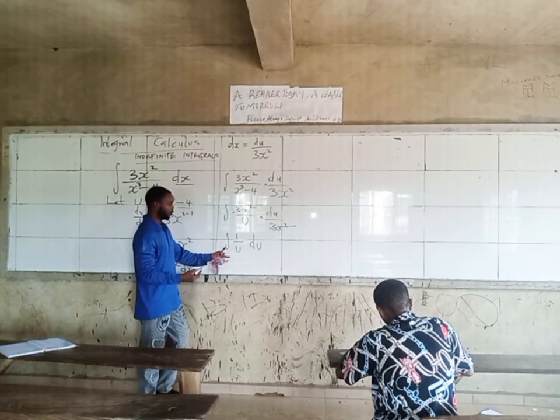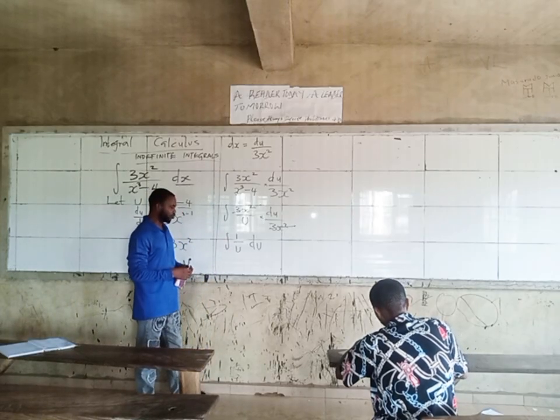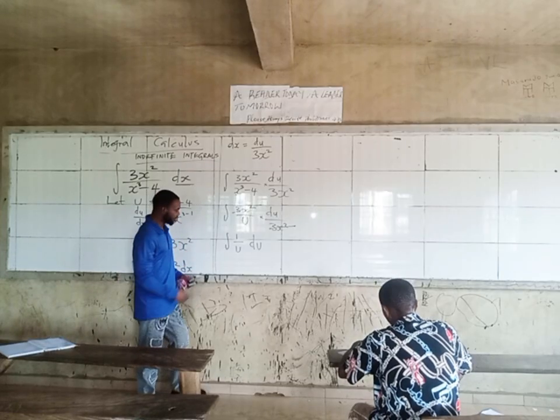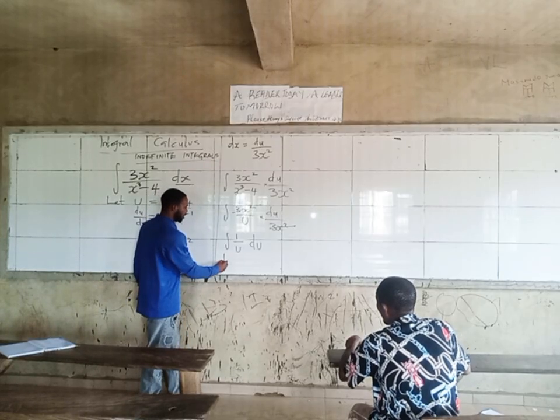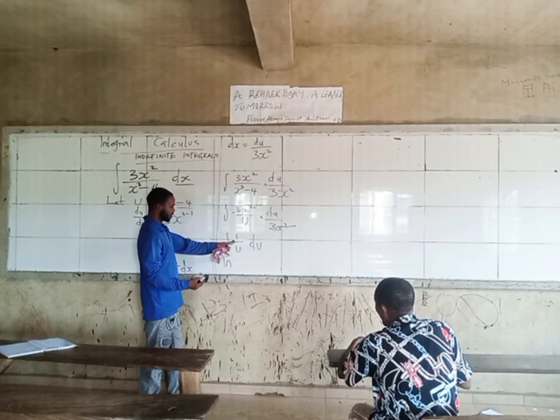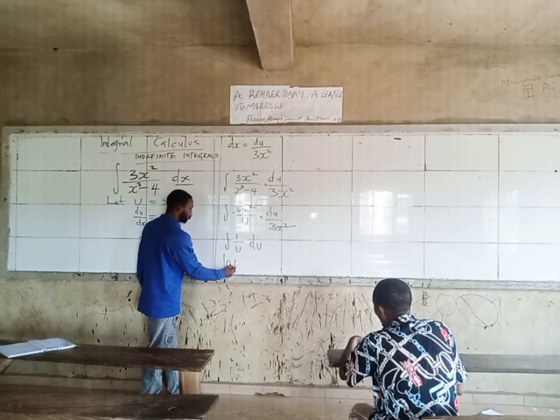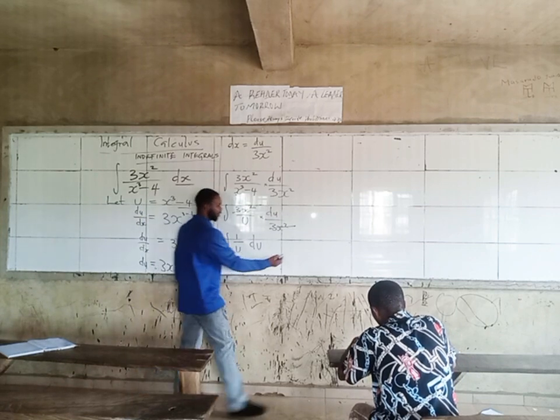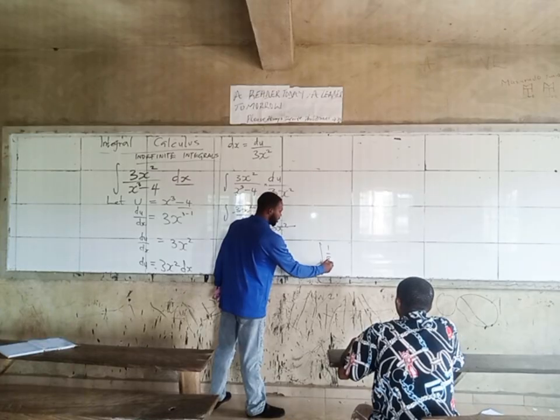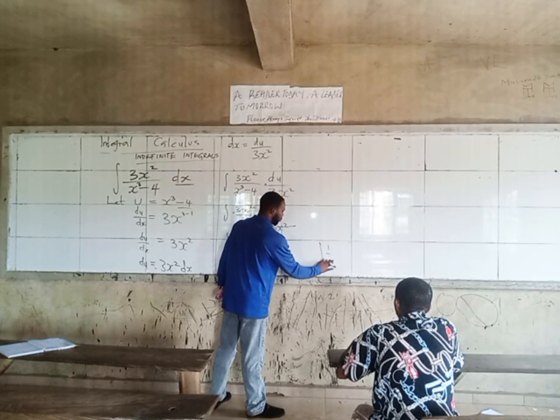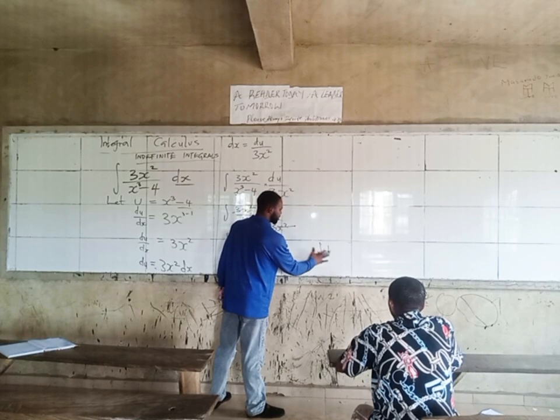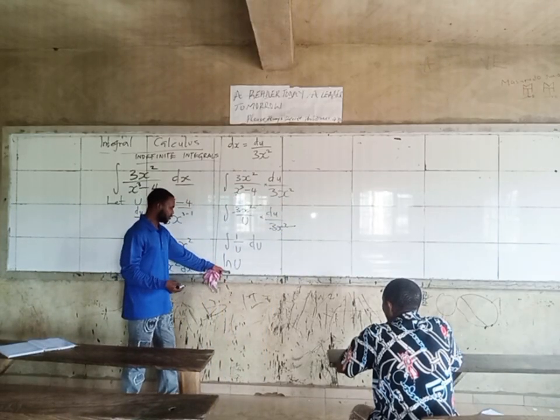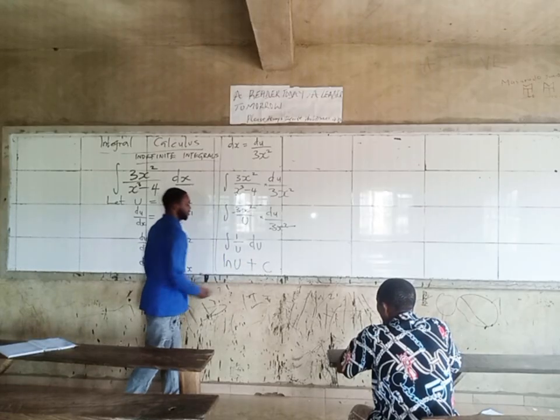And once you see anything like 1 over u or 1 over x, 1 over anything when it has to do with integration, it is the same thing as saying ln u. If I ask for the integral of 1 over a, or 1 over b, or 1 over c, or 1 over u, anything, it is simply ln, natural log, ln u, then plus c.